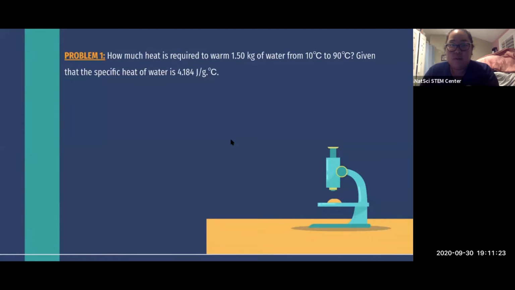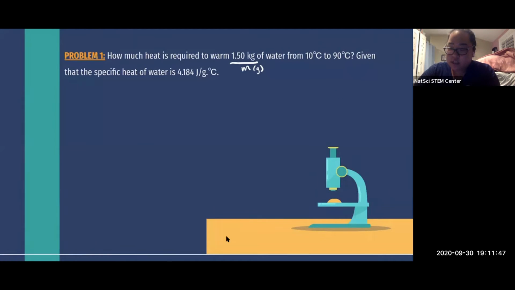For the first problem, the question is asking how much heat is required to warm 1.50 kilograms of water. So this is your mass. But remember, your mass is in grams, so you are going to convert it.